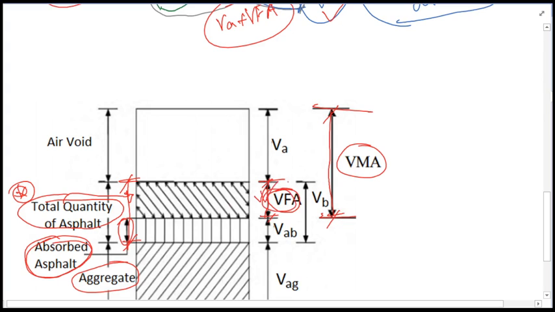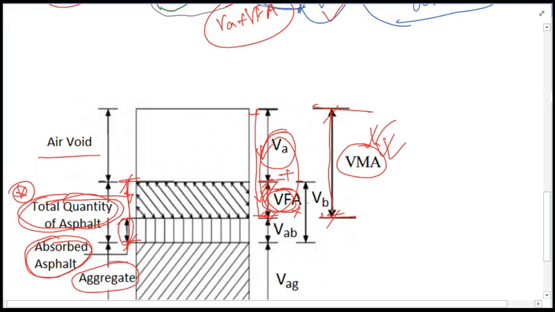And this void filled with asphalt, in combination with VA, the volume of air void, results in the void in mineral aggregate, VMA. If there were no asphalt there, then the total air void which would result would be called VMA, the void in mineral aggregate. And this is the total quantity of asphalt.